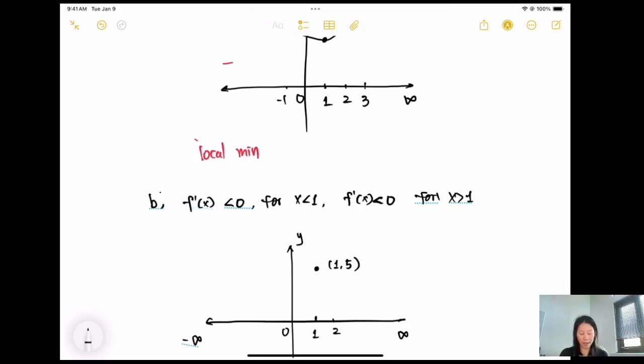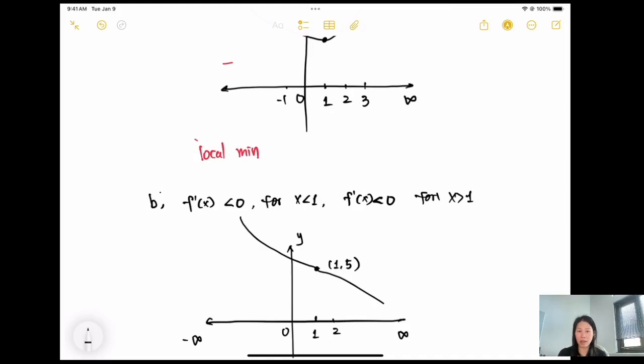So for all the x less than 1, we have f prime, which is the slope on the left side of the point, going to be negative. That means it's going to be going down. And then on the right side, when x is greater than 1, the derivative is also less than 0. That means also going down. Maybe it looks like this.